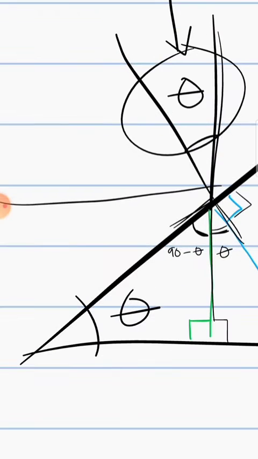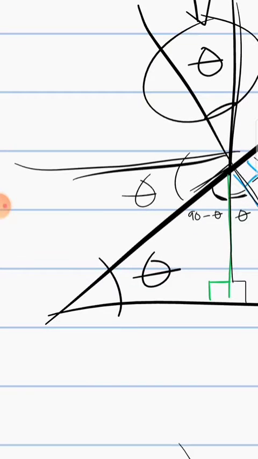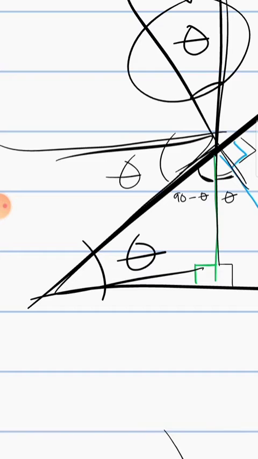And for the other one, this is theta because these two form a Z. These are alternate interior angles.